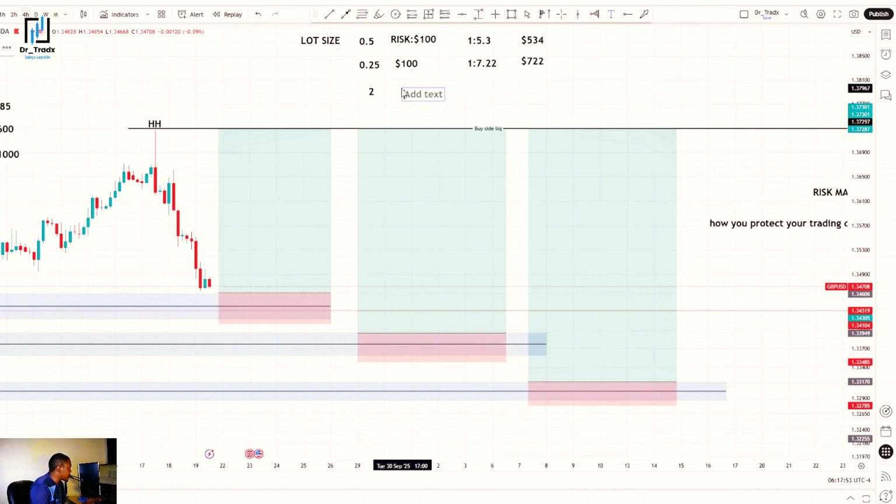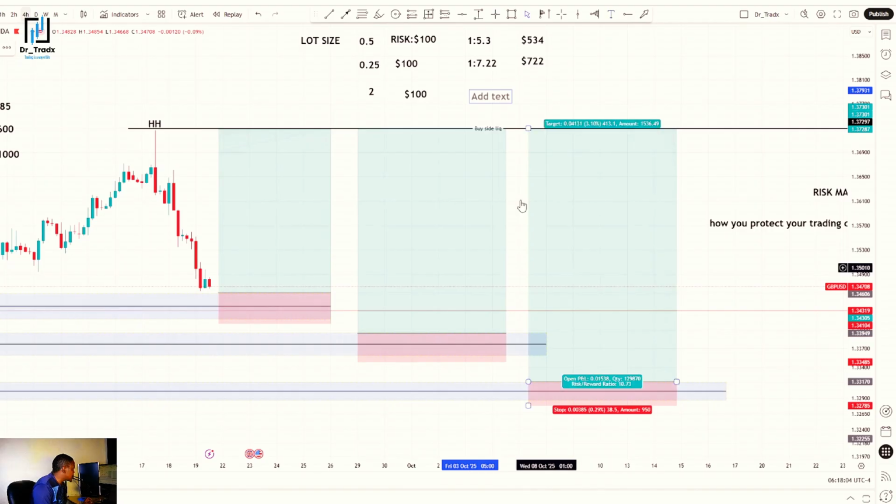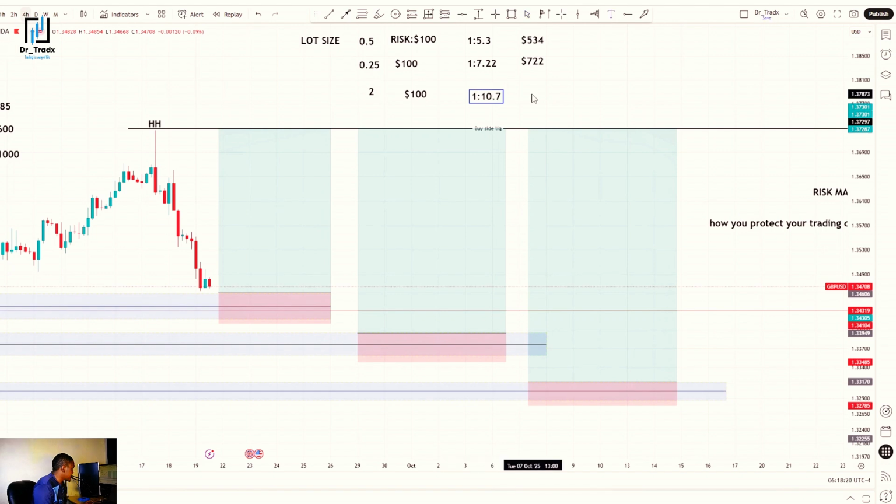And still, I'm going to risk again 100. And the risk to reward ratio of this is 10.7. Okay? That means if this trade goes through, how much am I going to get?